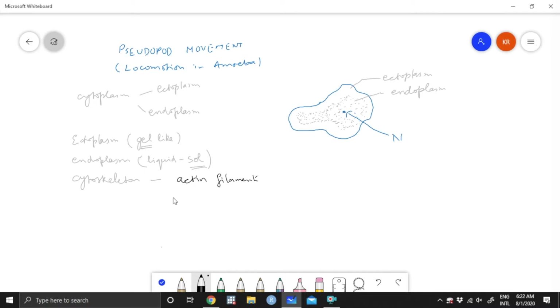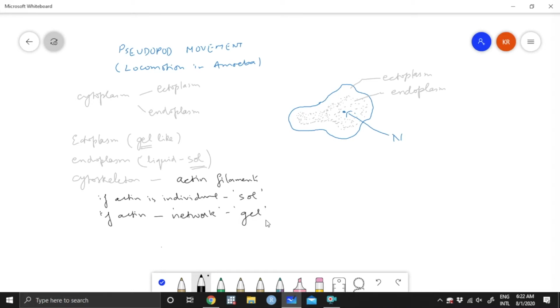So these filaments, they can make up a network. So if actin is individual, then it is sol-like. If actin is in the form of a network, then it is more gel-like.